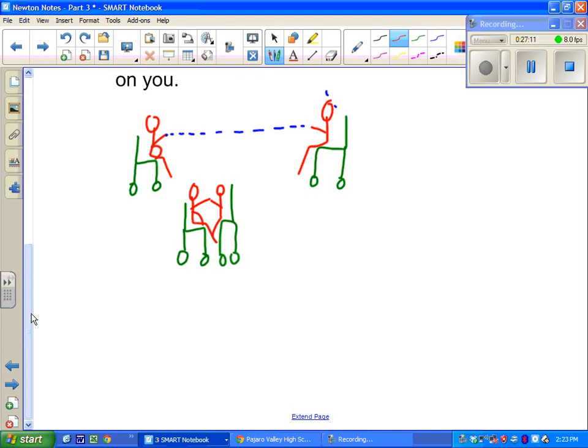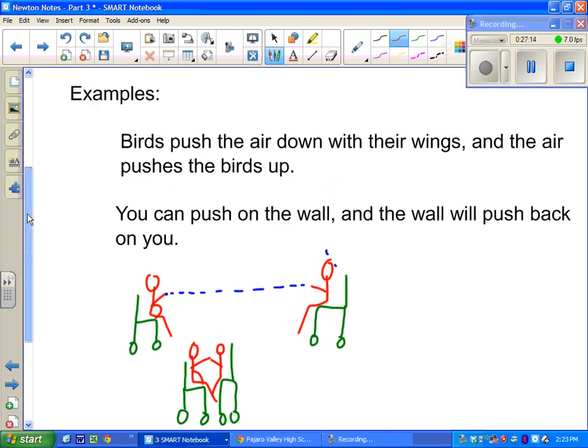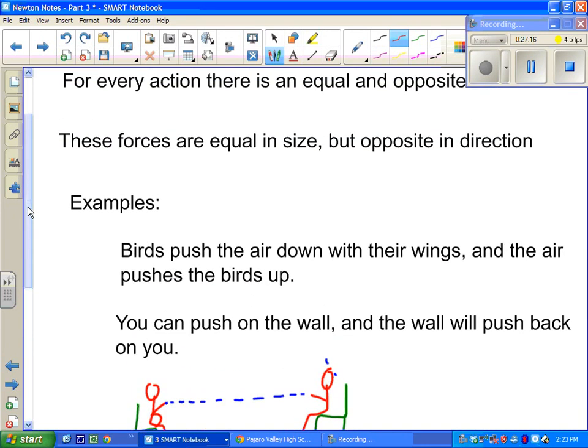That is the key. In fact, maybe we should underline that. We should emphasize that. Equal.